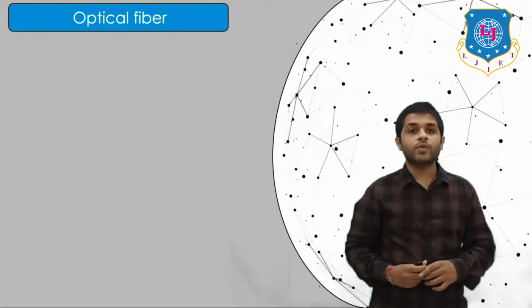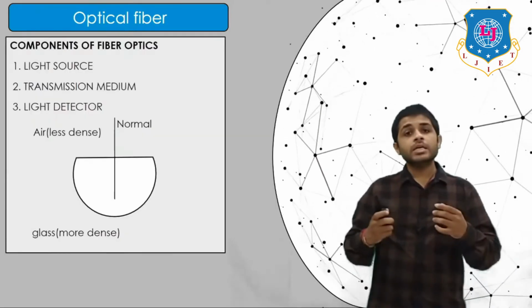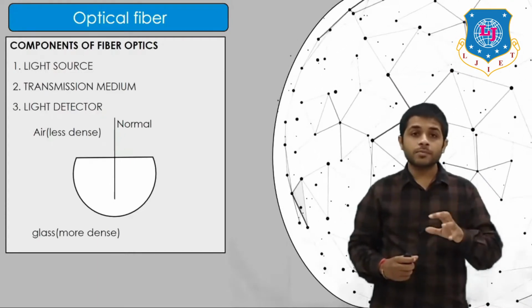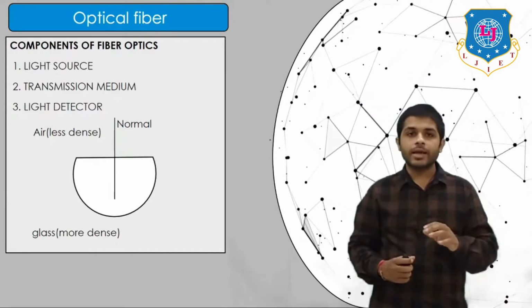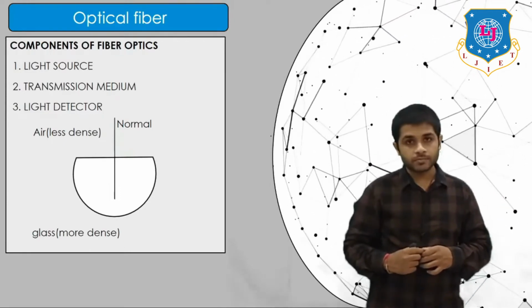Now let's see the working principle of optical fiber. The optical fiber has the dense medium, which is glass, and the outside of the optical fiber is air, which is less dense medium.